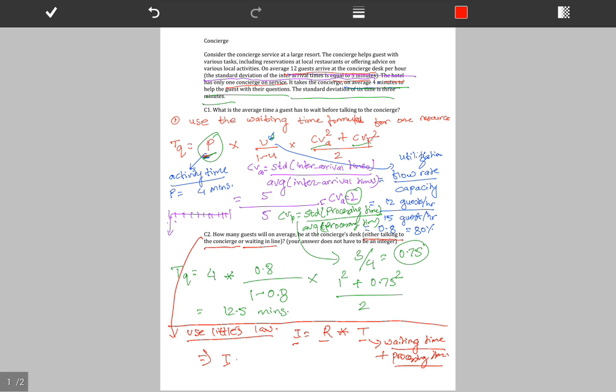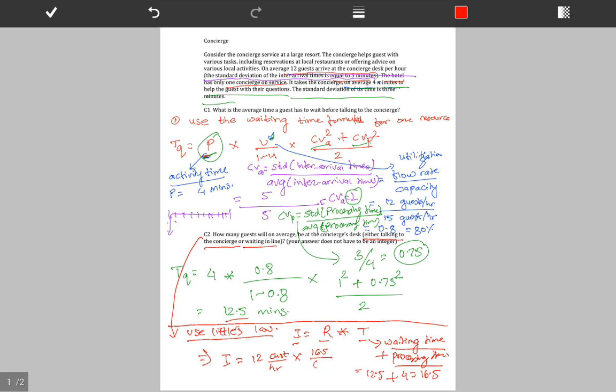After we have that, I equals flow rate, which is 12 customers per hour, multiplied by T, which is the waiting time of 12.5 minutes that you calculated, plus the processing time on average of 4, so altogether 16.5 minutes. But you cannot just write 16.5 here because the flow rate is in terms of hours.